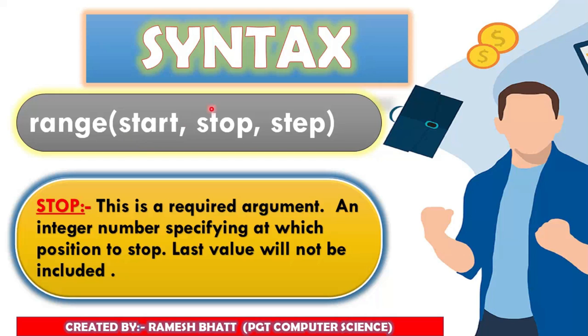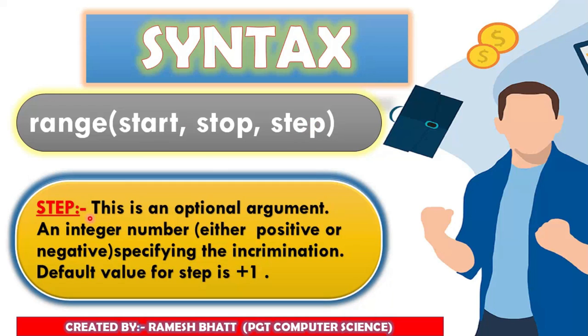Now our third argument is step. Now what does step do? It is again an optional argument, an integer number, either positive or negative, specifying the incrementation. The default value for step is +1. So the step argument will again take only an integer, and it is optional.